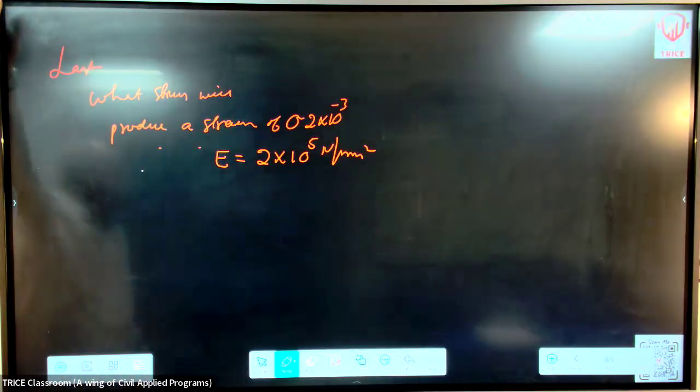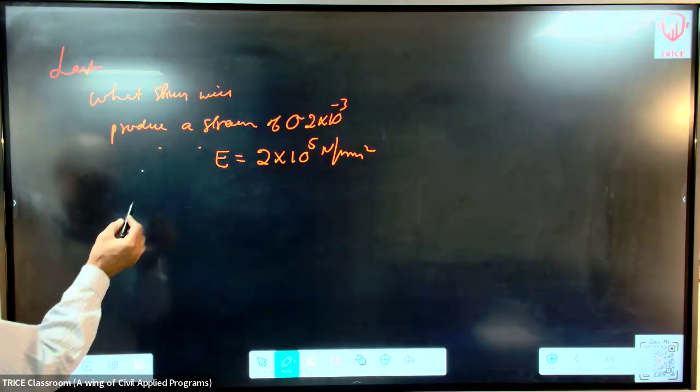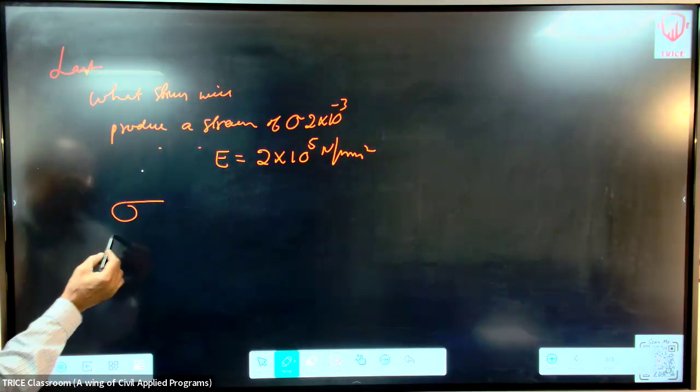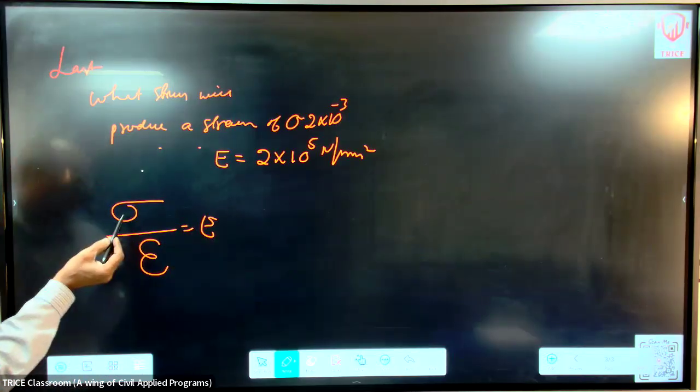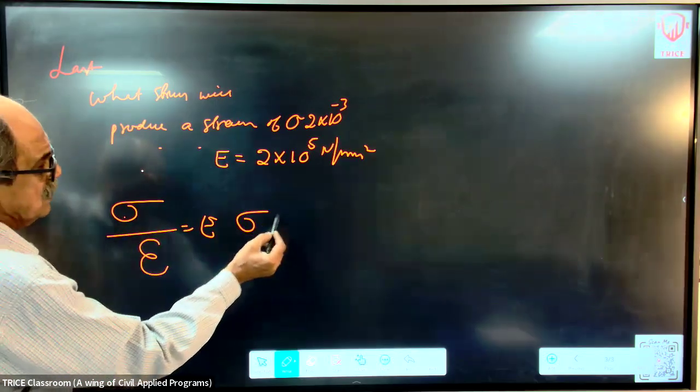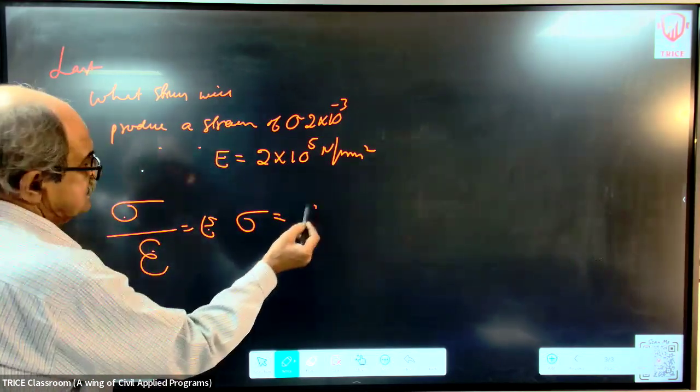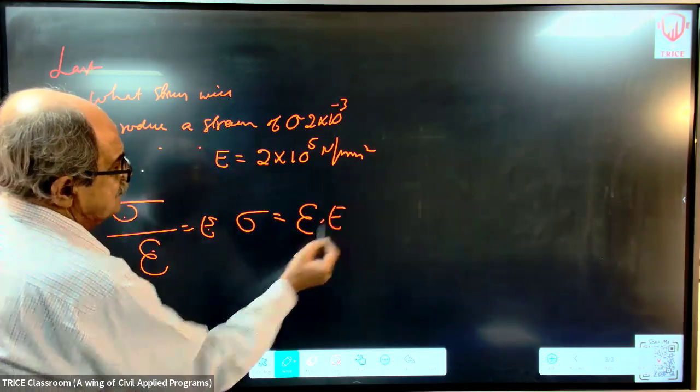Options I will give later. How to solve? Stress divided by strain equal to Young's modulus. They want stress, so stress equals strain into Young's modulus.